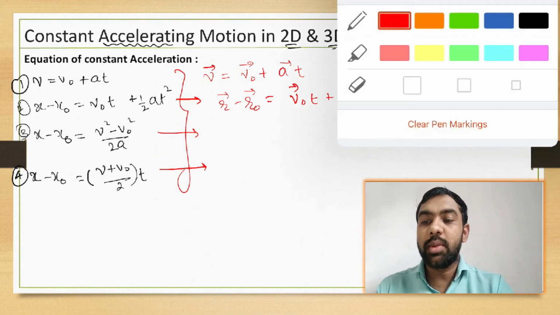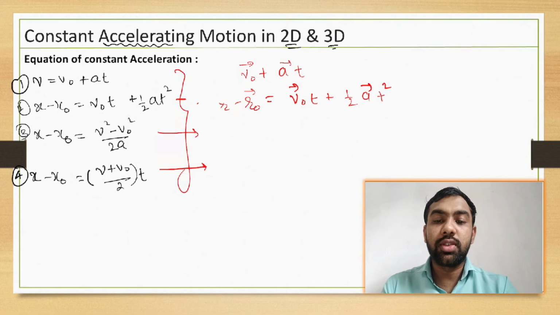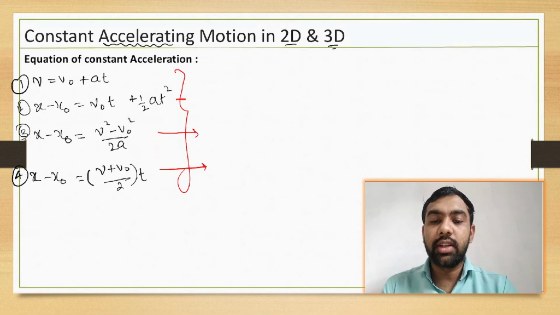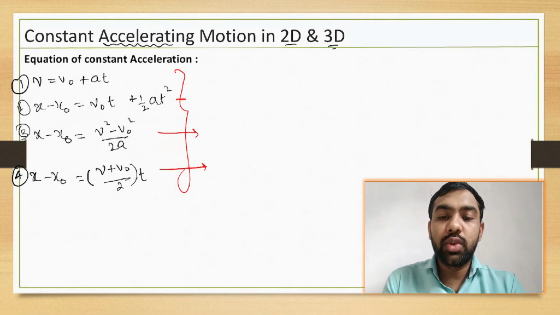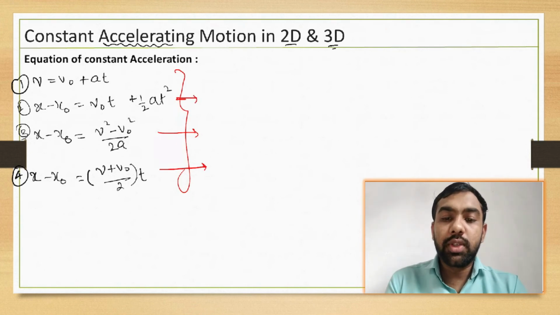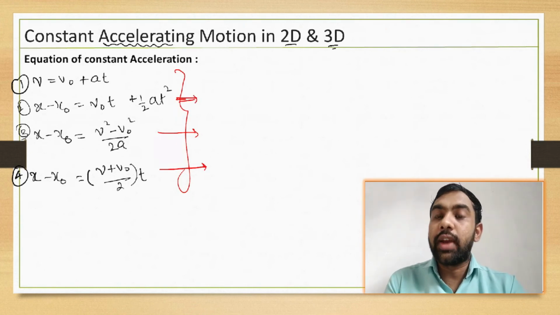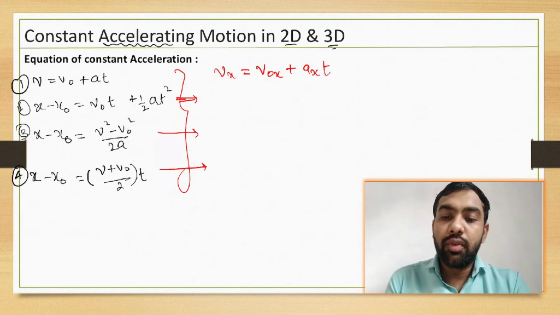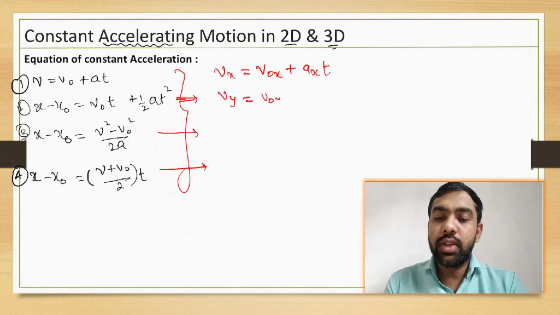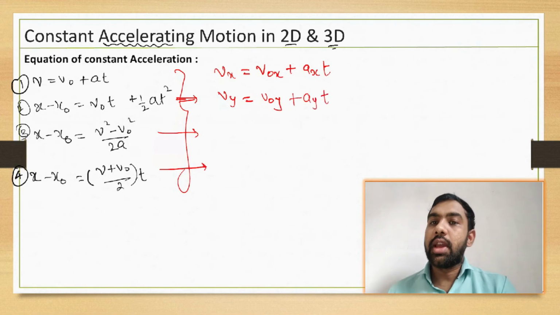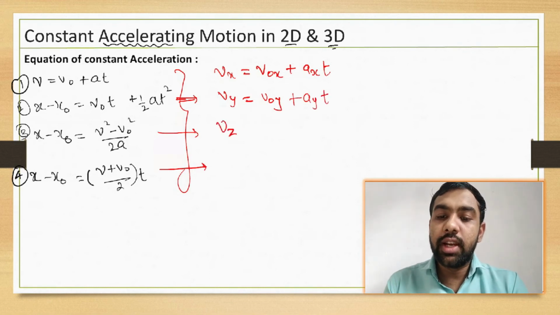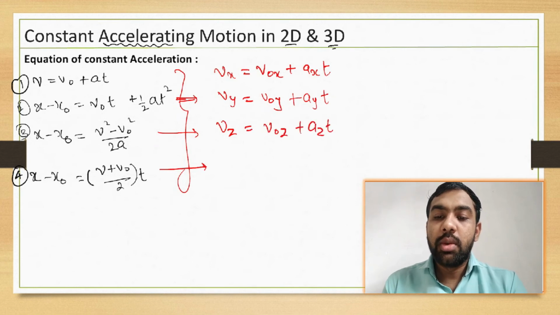If you have to apply the same rule in this situation, then you use this rule. I am just writing these other rules for 2D and 3D. All these equations you just find like this: Vx is equal to V0x plus ax into t, Vy is equal to V0y plus ay into t, and Vz is equal to V0z plus az into t.